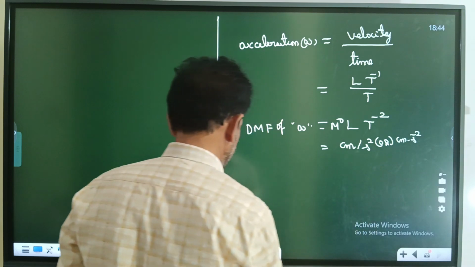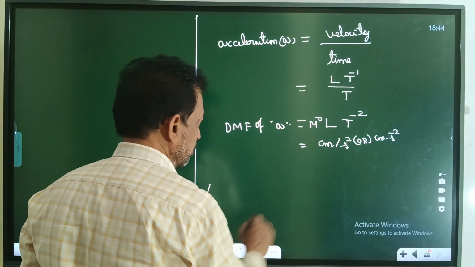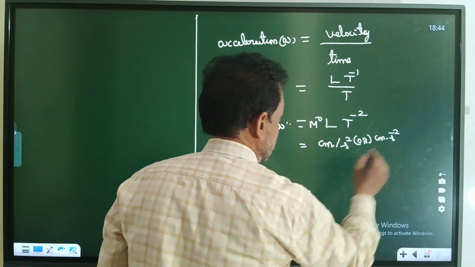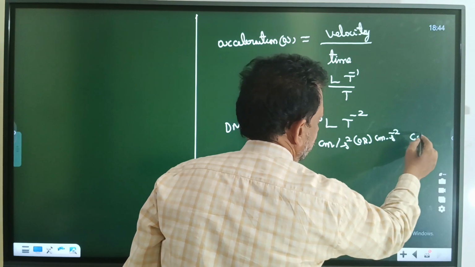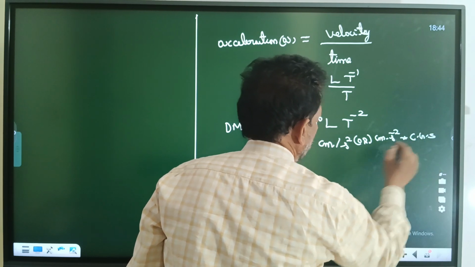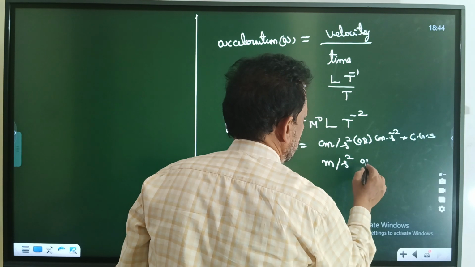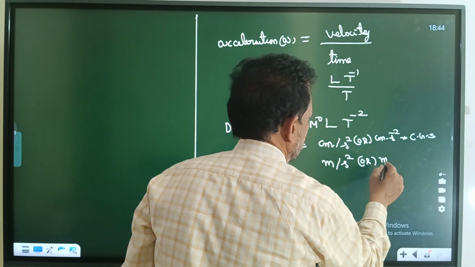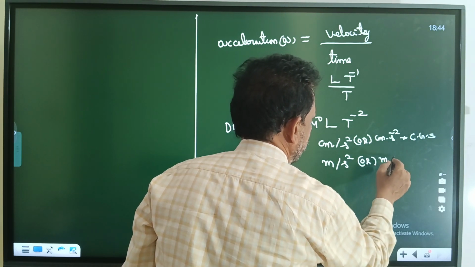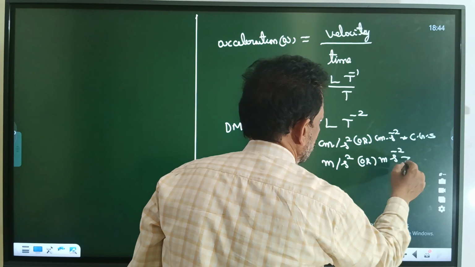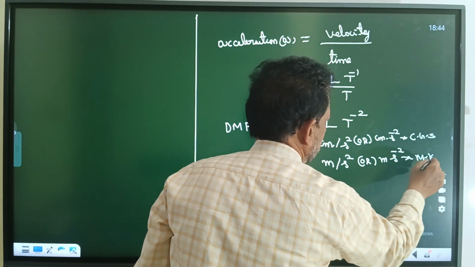In the MKS or SI system, it is meter per second square, or meter second raised to minus 2.